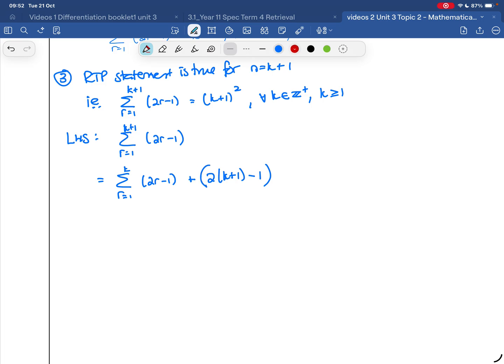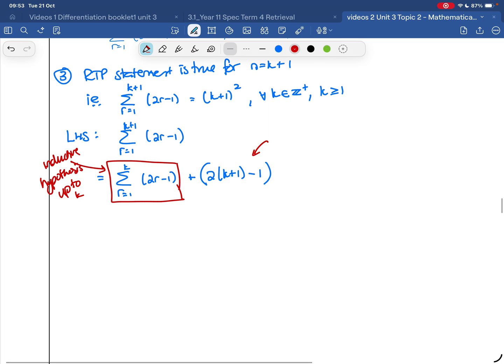Okay, so this is my sum up to k, my inductive hypothesis. And this is my next term, or my k plus 1 term.